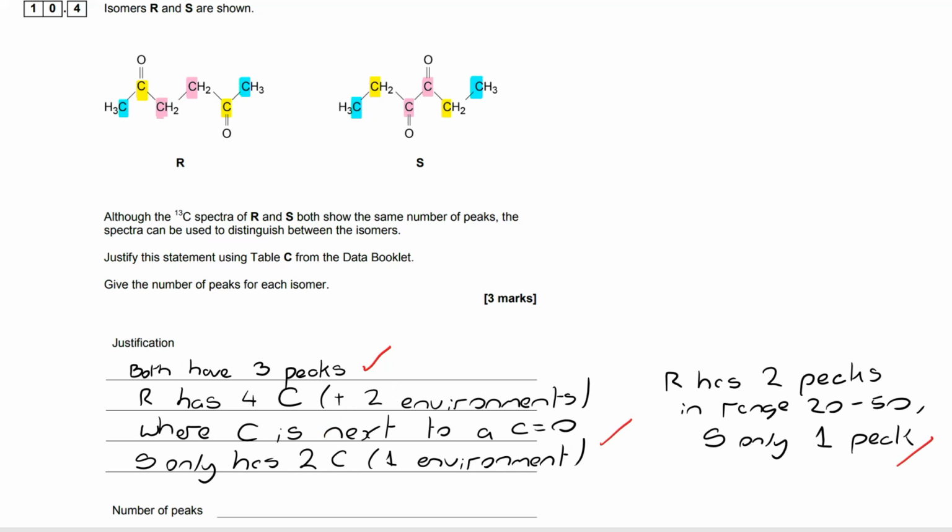If we take that a step further forward, the R has 2 peaks in the range 20 to 50, whereas S only has 1 peak. So for that reason, we can see that there is a distinguishing feature between them.